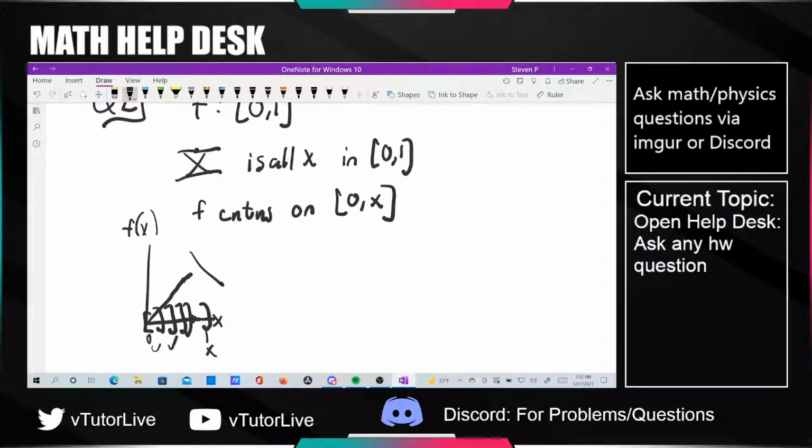So if this value is like 0.6, then capital X in this example is equal to 0 to 0.6. It's all the right endpoints over which f is continuous. Hopefully that makes sense. Does that make sense, people?